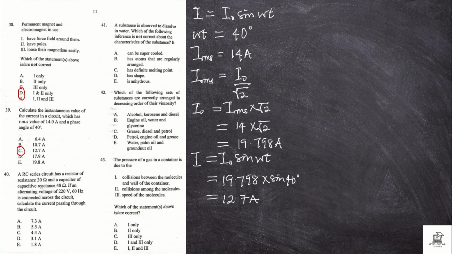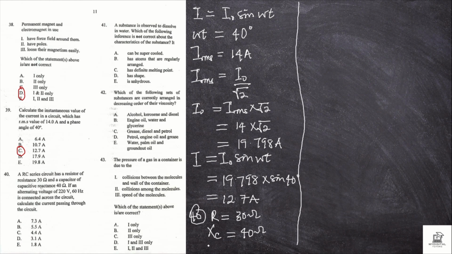So question 40, here we are given that the resistor R is equal to 30 ohms and the capacitive reactance, which is XC, is given to be equal to 40 ohms. Then we are also given that the alternating voltage is 220 volts and the frequency is said to be 60 Hz.